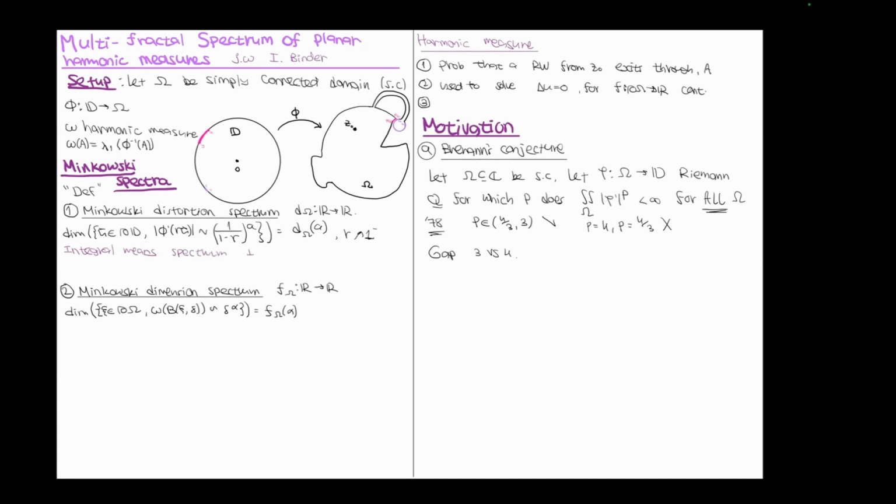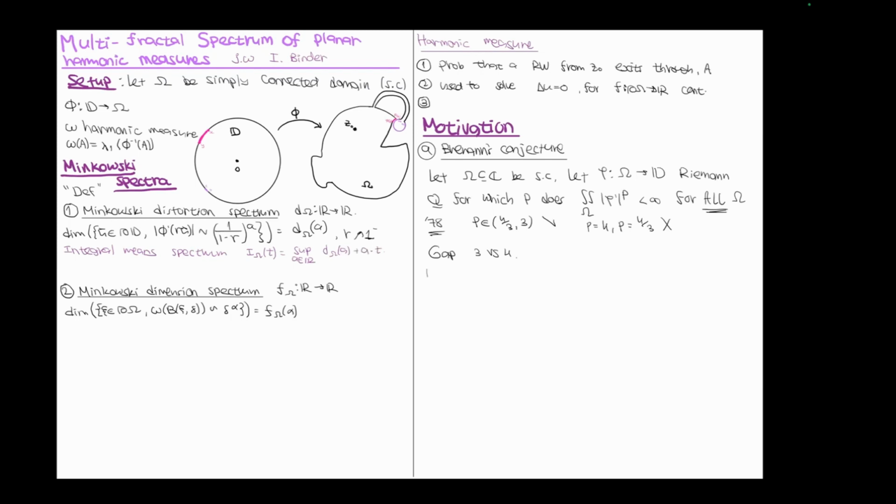This is just, well, there's a different definition for it, but right now I want to describe it as the Legendre transform of the Minkowski distortion spectrum. You take supremum over all a's, and you look at the linear combination d omega of a plus a times t.